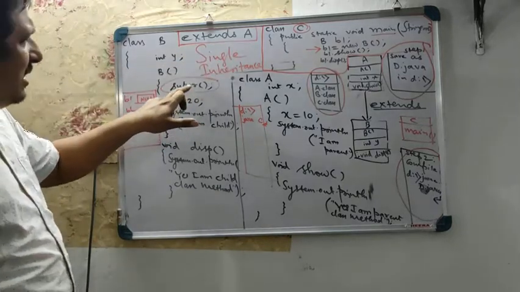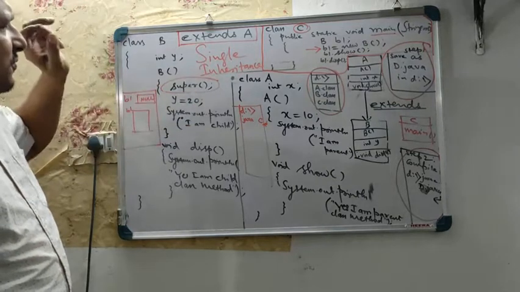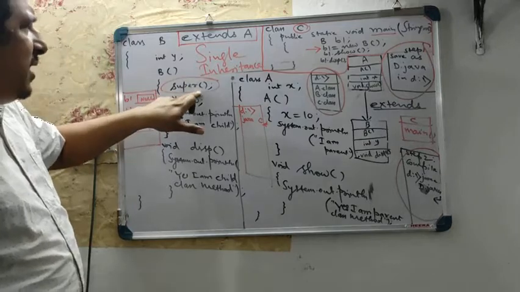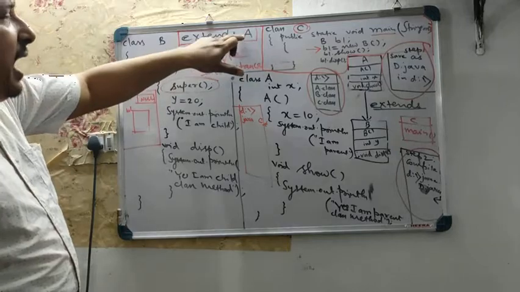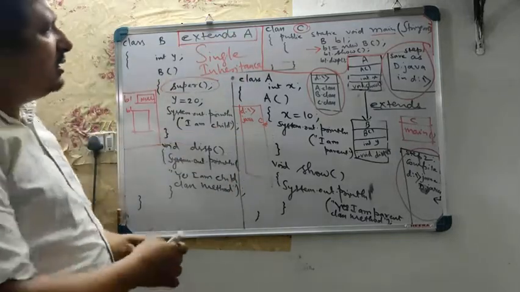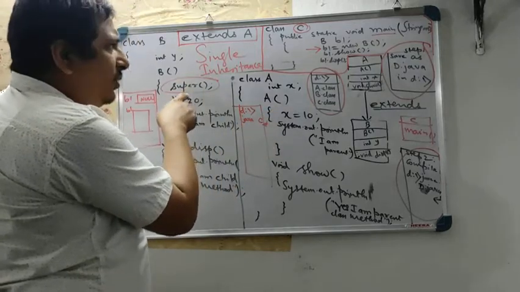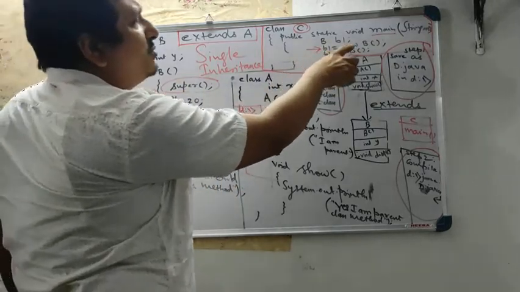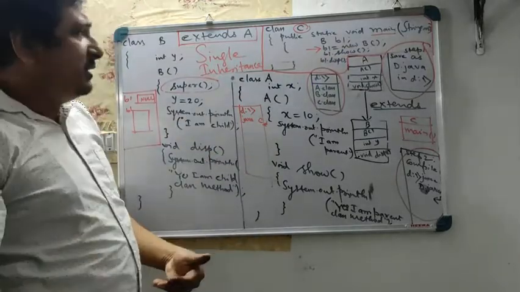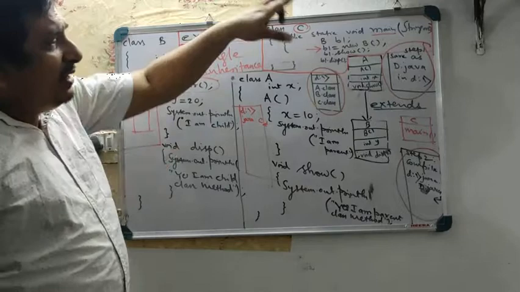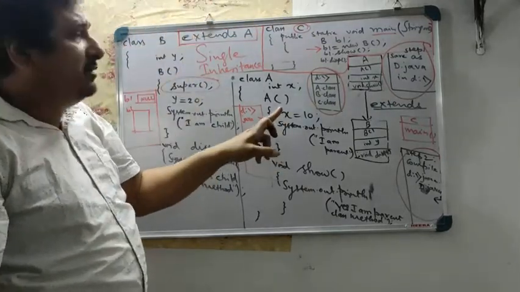Whenever super is being called, and super would be the first line, okay? So if I am writing super here, it will go and check who is my parent and immediately call the constructor of the parent. So even though I am writing b1 equals new B, before completing its own constructor, it goes and finds the parent constructor and calls the parent constructor first.